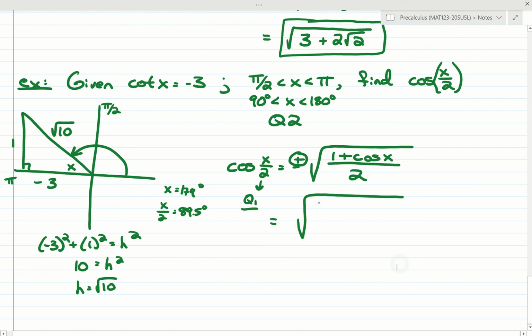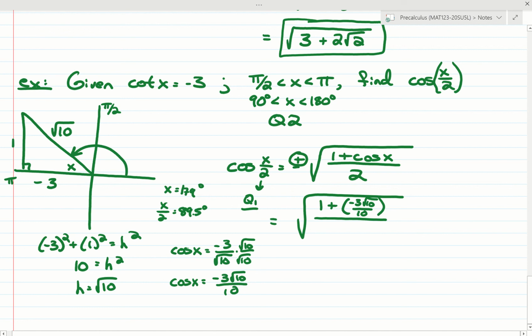Okay, so 1 plus the cosine of x. I'll do that over here because we are going to have to rationalize. The cosine of x would equal -3 over the square root of 10. Let's multiply top and bottom by the square root of 10 over the square root of 10. And going inside of our radical, we'd put -3 root 10 over 10. And the whole thing is being divided by 2.